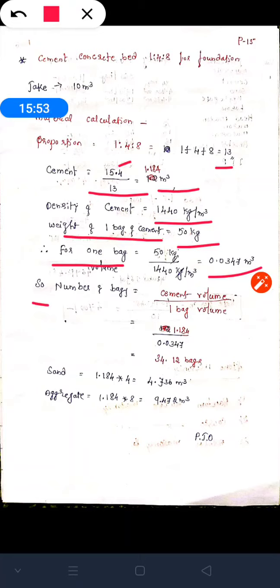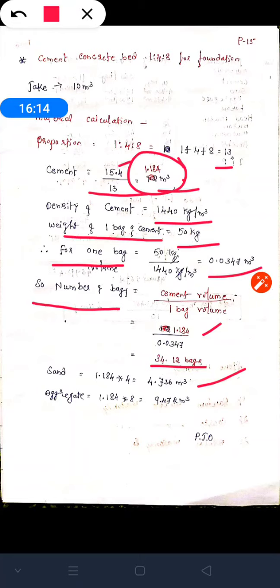Therefore, the number of bags equals cement volume, 1.184, divided by the volume of one bag, 0.0347. Then we got the number of bags equals 34.12. Similarly, the volume of sand equals 1.184.